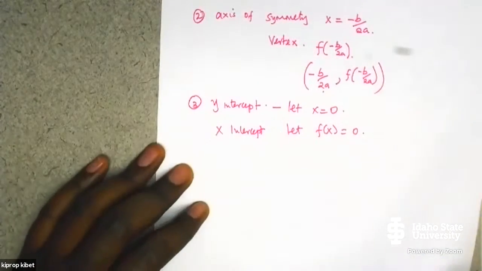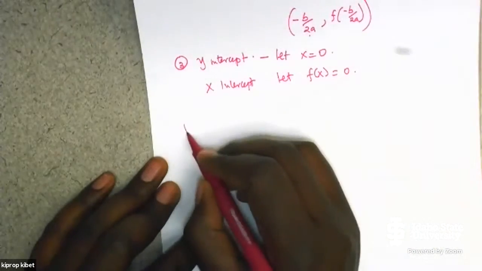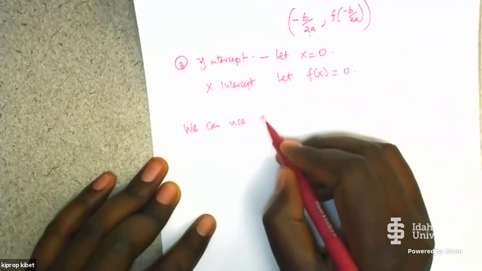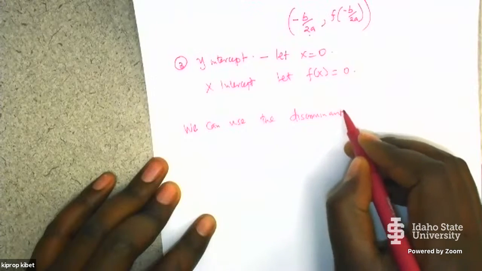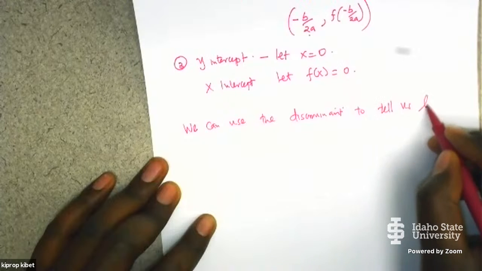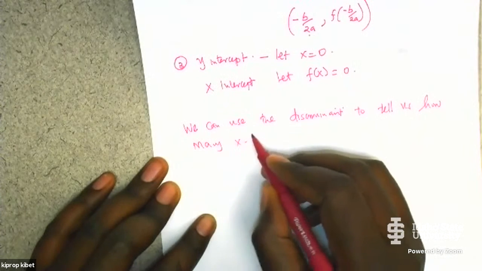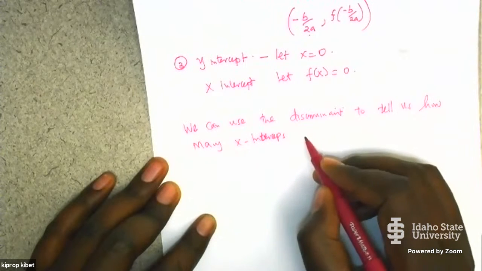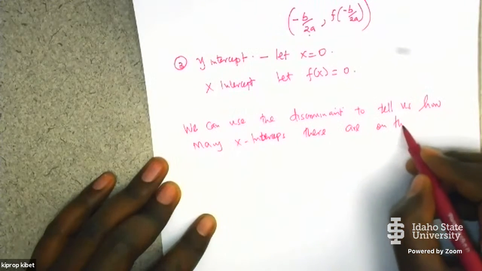Now, before we go home, we can use the discriminant to tell us how many x-intercepts there are on the graphs.